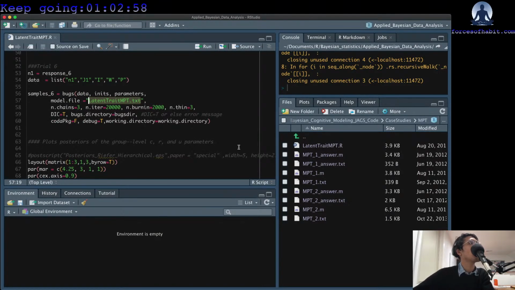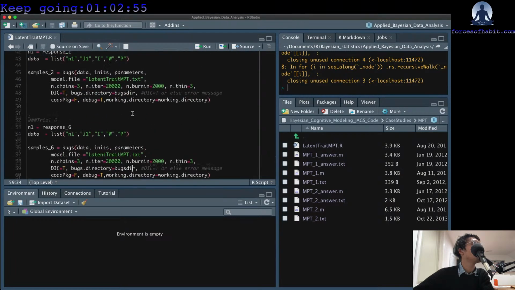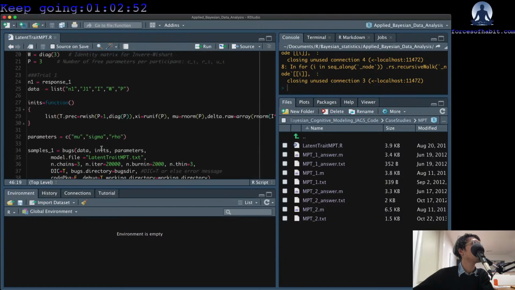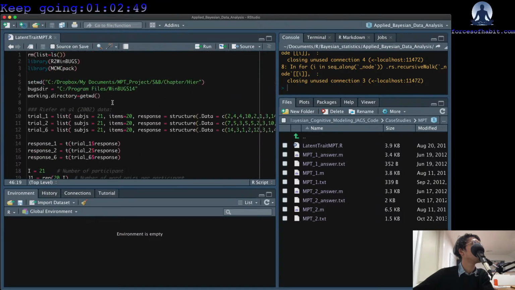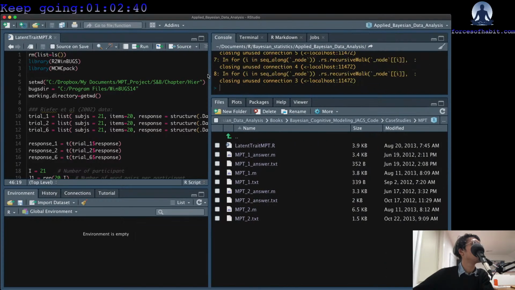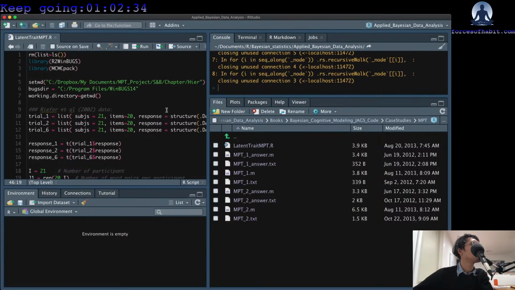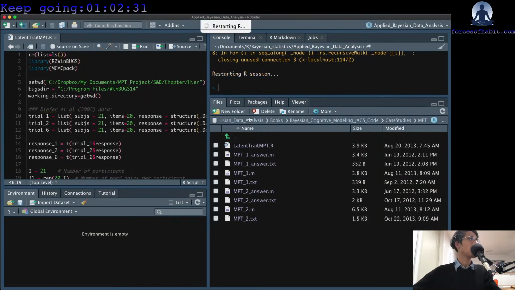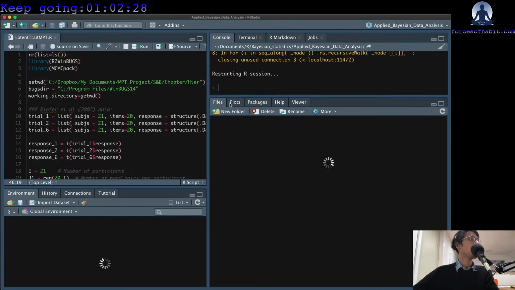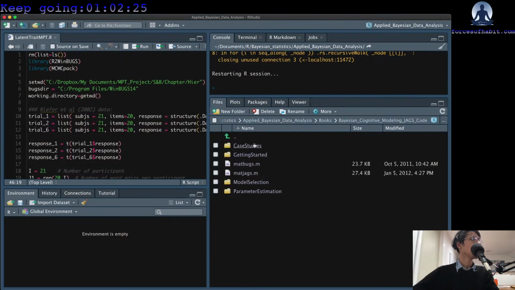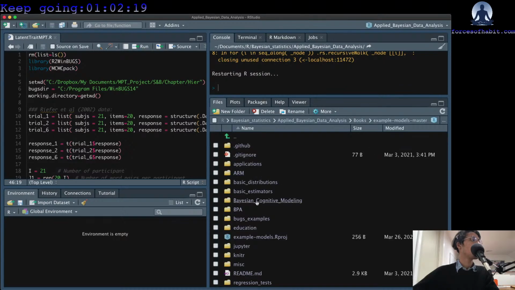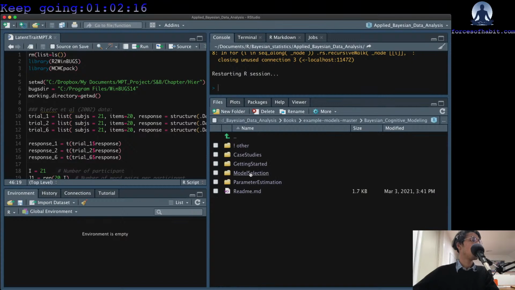See, I'm just missing things in here. I don't have this text file it's describing. Well, you know what that means. We'll have to do it in Stan.